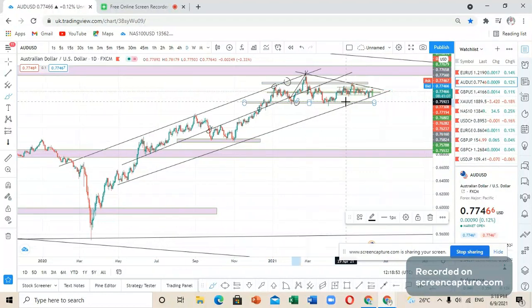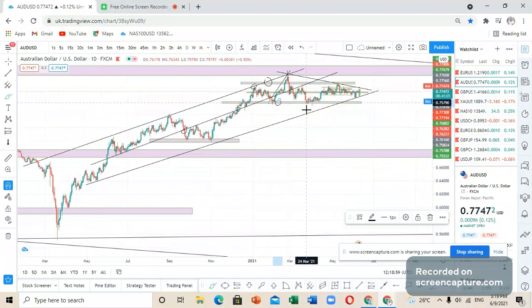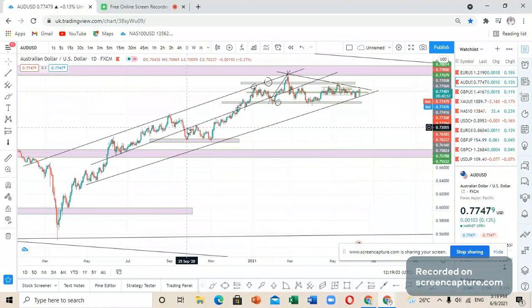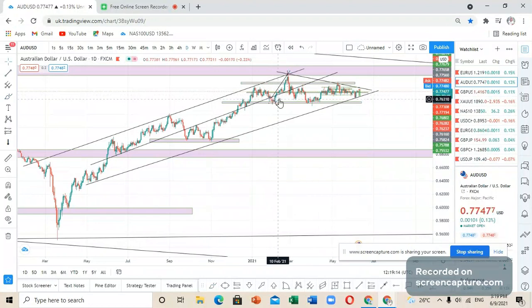You can see that the market has been moving between this region, that is the point of resistance and the point of support, and that is what we have been seeing for the last few weeks, this point of consolidation. And usually a point of consolidation prepares a breakout.